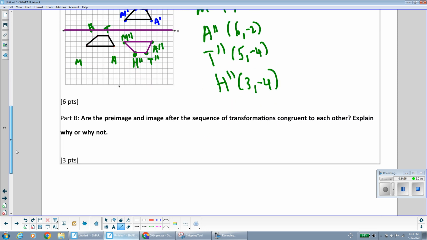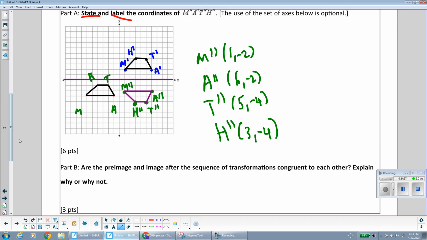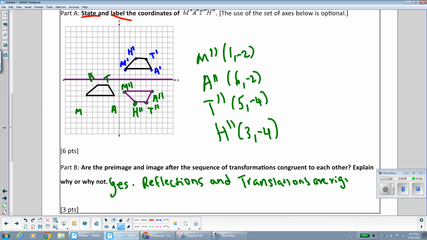Are the pre-image and image after the sequence of transformations congruent to each other? Yes, they are congruent. Oh, this is not the rotation. My bad. Reflections and translations are rigid motions.